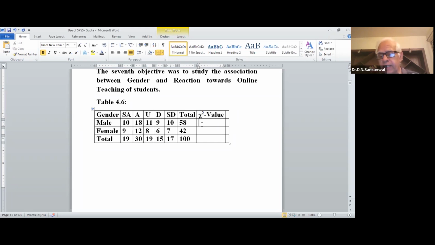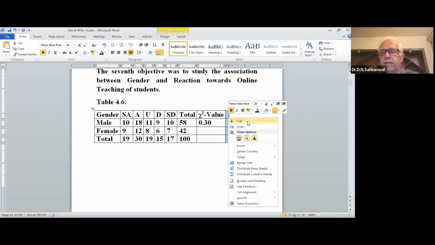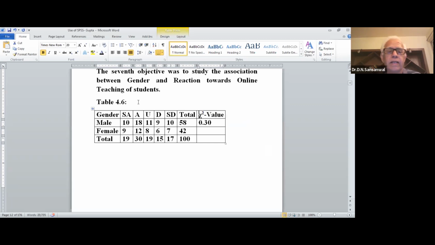So here there is a chi-square value, and the chi-square value is 0.30. So I can take out this, I don't need. And this is the reaction.